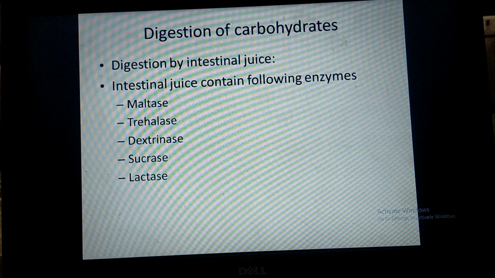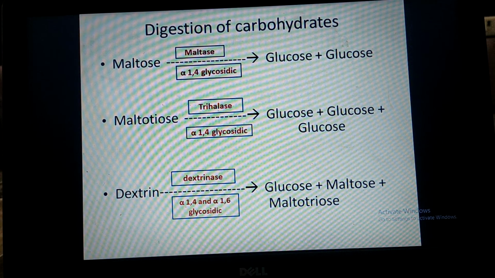Now the second juice is intestinal juice, which contains the following enzymes: maltase, trehalase, dextrinase, sucrase and lactase. Maltase acts on maltose, breaks the alpha-1,4 glycosidic linkage and converts it into glucose molecule.